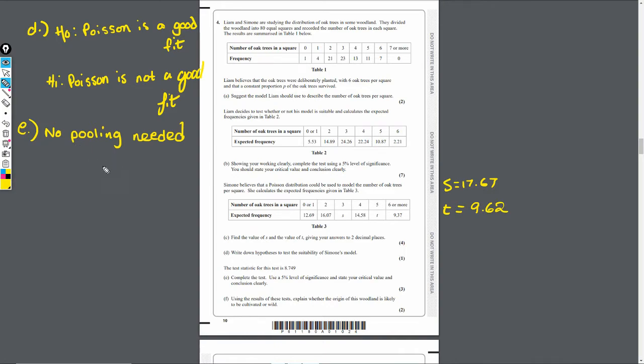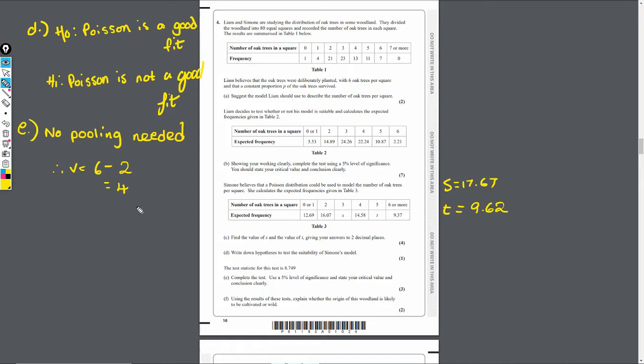So now, let's work out my degrees of freedom. So my degrees of freedom, how many columns have we got? 1, 2, 3, 4, 5, 6. It's going to be 6. And again, we're going to subtract 2. Because we've got for the totals, and we've got it because we estimated lambda, okay? So that'll be 4 for my degrees of freedom. Again, we're going to use page 36, right?